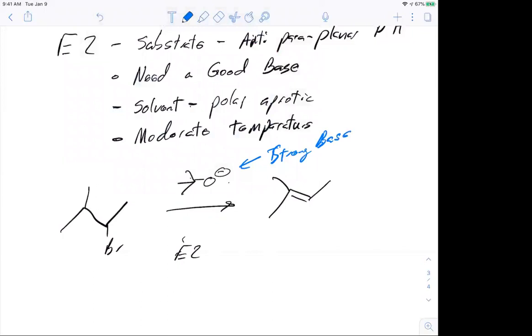And so the easiest way to think about these is the ones that you know are going to be E1 or E2, and not worry about the ones that you're not sure about. So if we look here, that's going to be a strong base. We've got a secondary carbocation that's not stabilized, so not E1 style, so no carbocation stability there. And so this one is going to go through an E2 type process. I've shown the product here, and from this substrate, they're both the same.